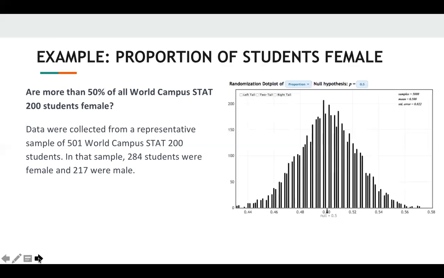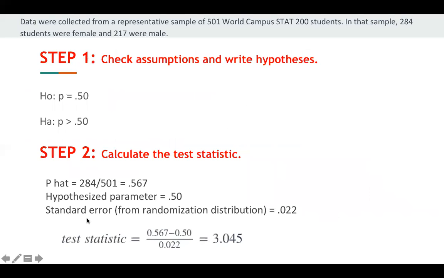So we're going to go through each of the 5 steps individually, and I have the prompt again there on the board. So step 1 is to check your assumptions and write your hypotheses. Checking your assumptions is just making sure that your sample size is sufficiently large enough, for example, in order to conduct a hypothesis test in the first place.